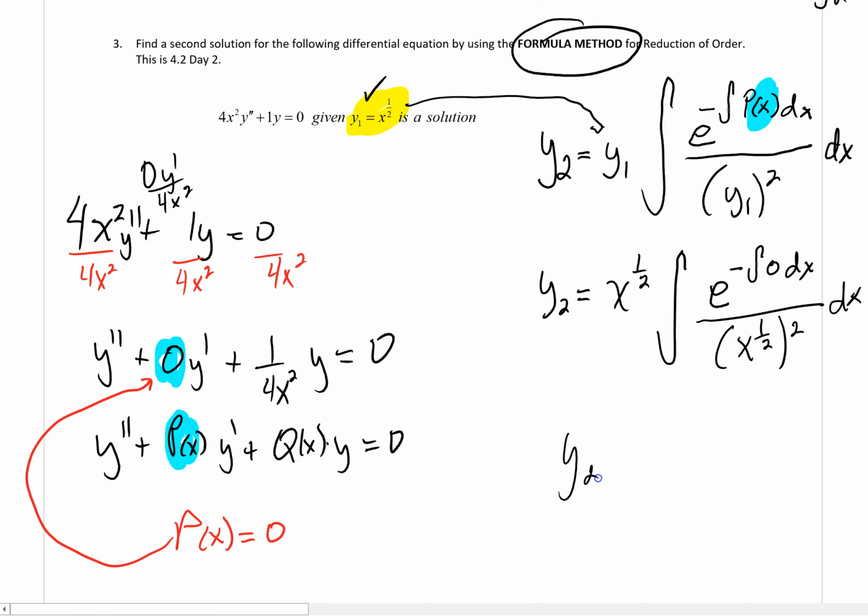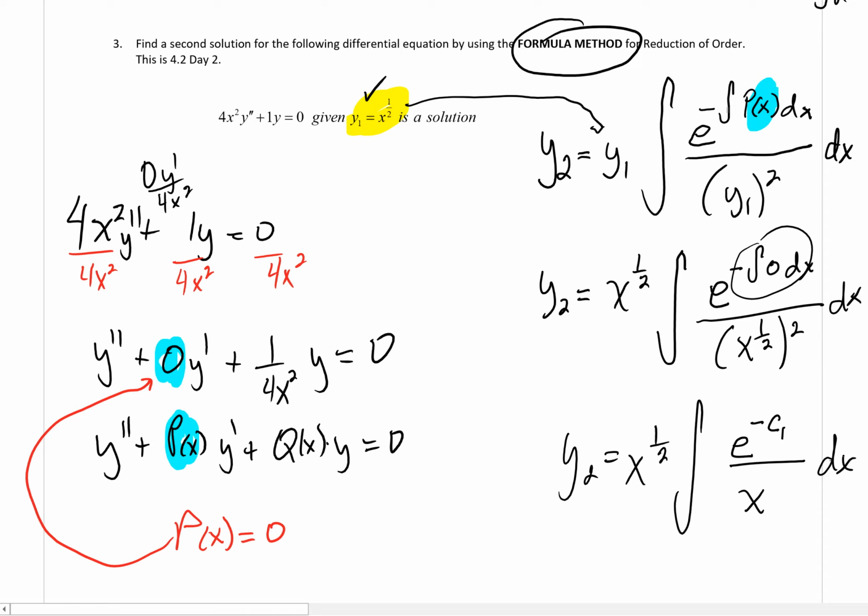And let's just continue on here. You could see that the antiderivative of 0 with respect to x is a constant. Put a negative in there, and it really doesn't matter, does it? And x to the 1/2 squared is just x to the 1.